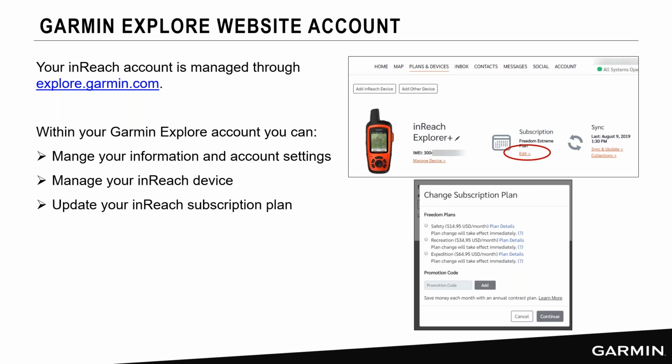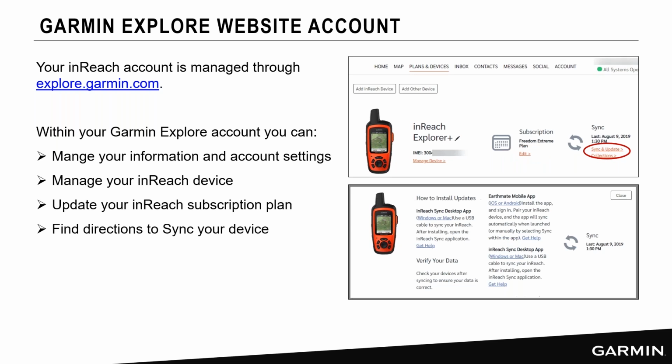If you know you have a special bucket list event coming up, you could upgrade into the expedition plan. Come here in the Explore website, go to plans and devices and subscription, and you can move up, go on your special adventure, and when that's over, you can move back down without any additional fees, and so use the website to manage those plans.